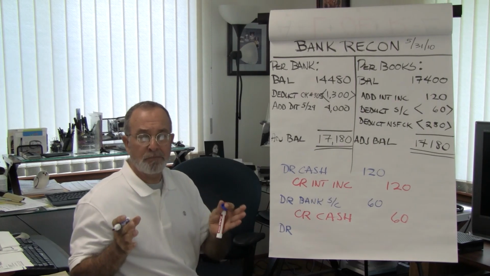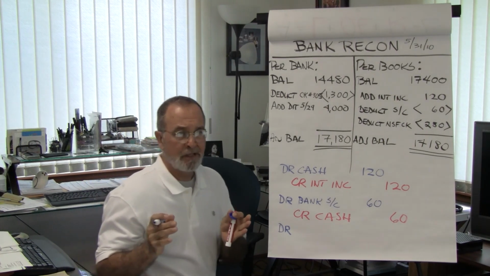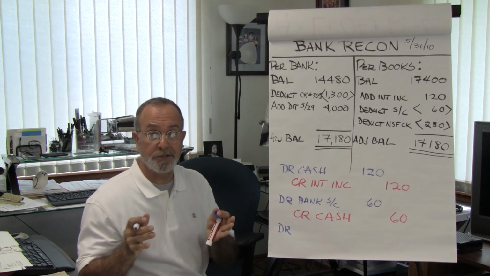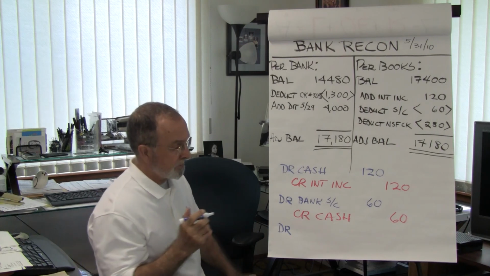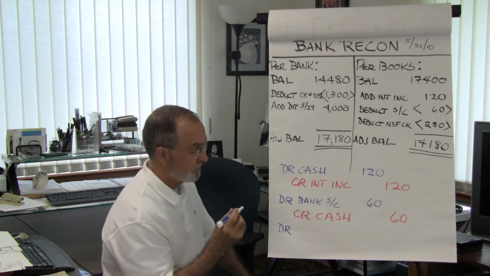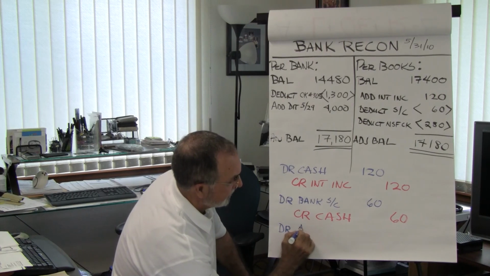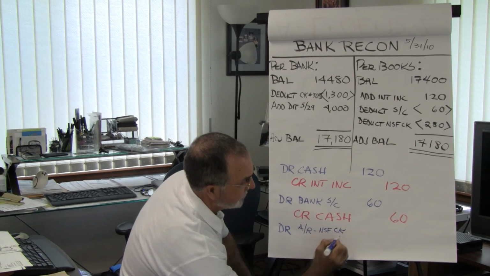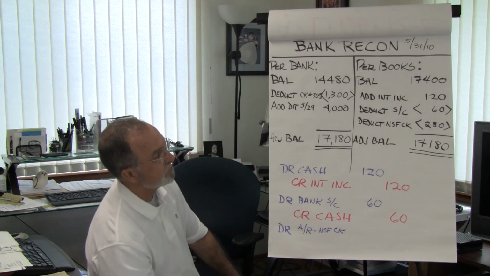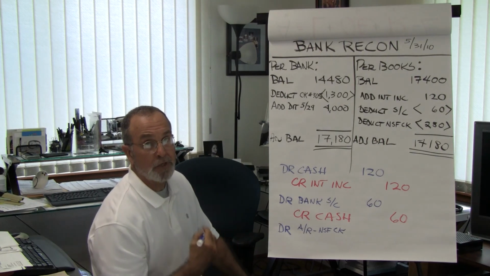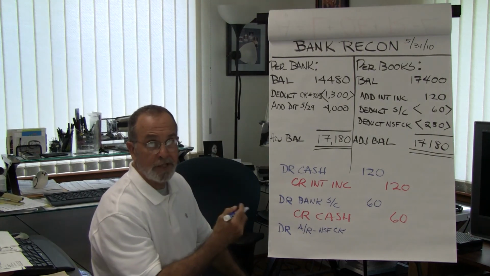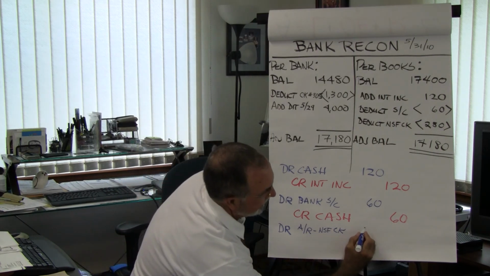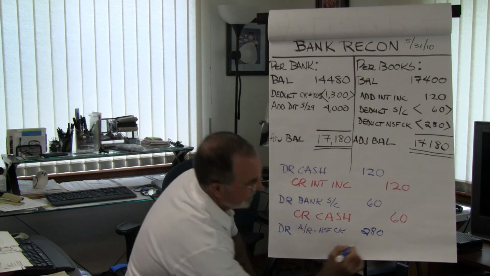We have a worthless piece of paper, basically, and we need to collect on it from our customer or whoever it was that had presented us with their check. And so what we're going to call it for now is accounts receivable, NSF check. So we have an account receivable, an amount that is owed to us by whoever it was that presented us with that check as a payment. And the amount of that check is $280.